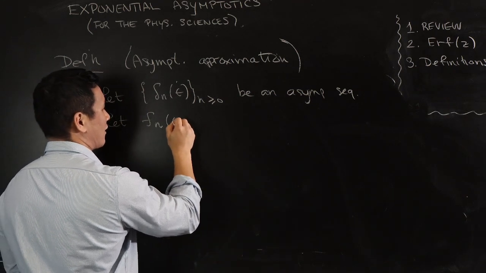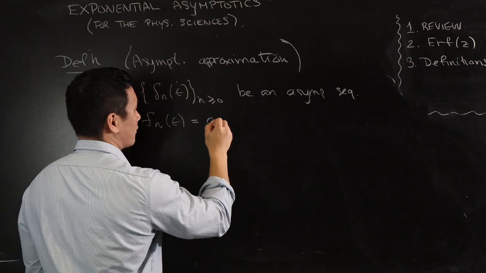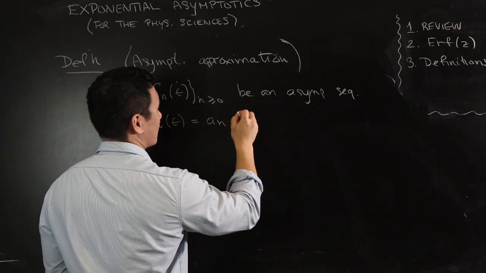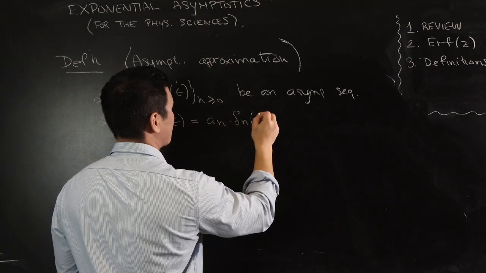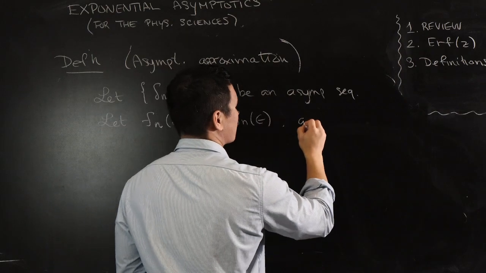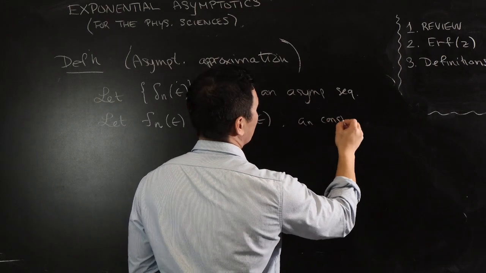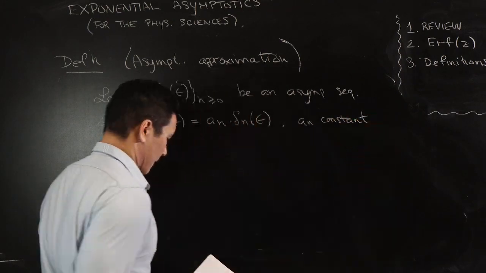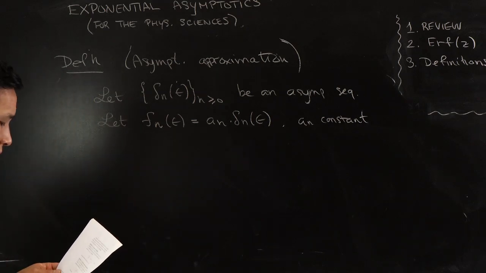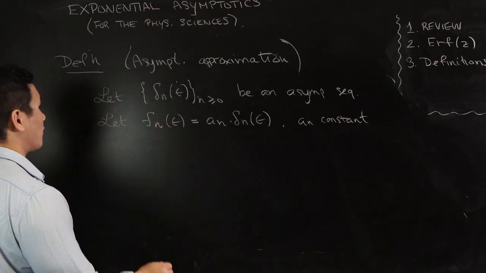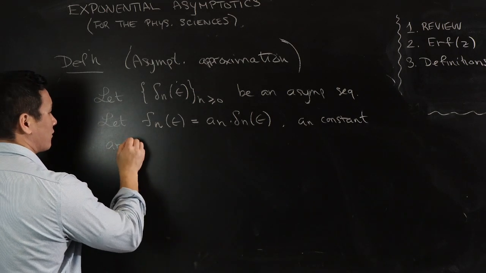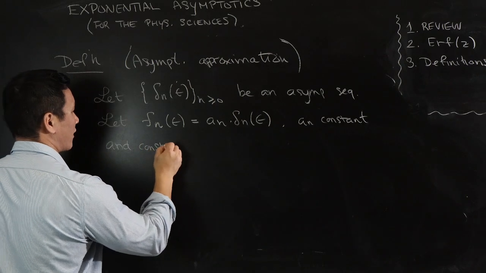Let's take f n of epsilon to be a n times delta n of epsilon, where a n is a constant, and let's construct a series.